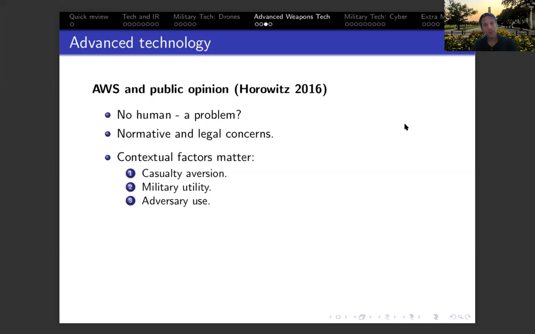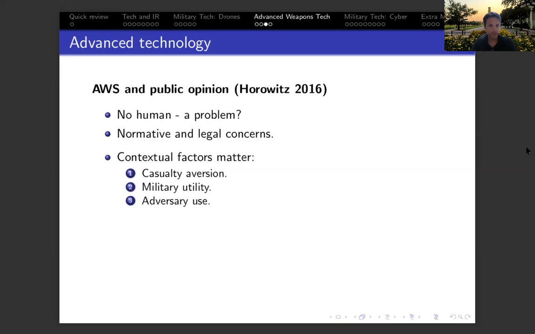The arguments made by international organizations are mostly based on the fact that the public may oppose those systems considering normative concerns or legal concerns. But the public also considers the utility of those weapons, and that may have an effect on their opinion under different conditions.